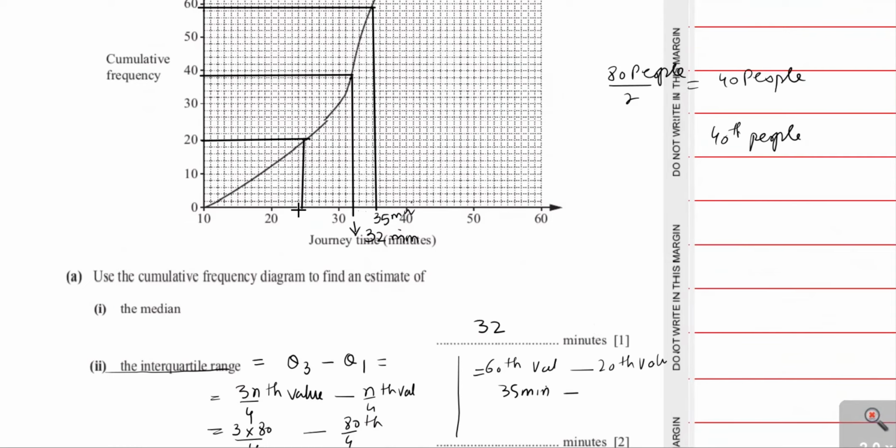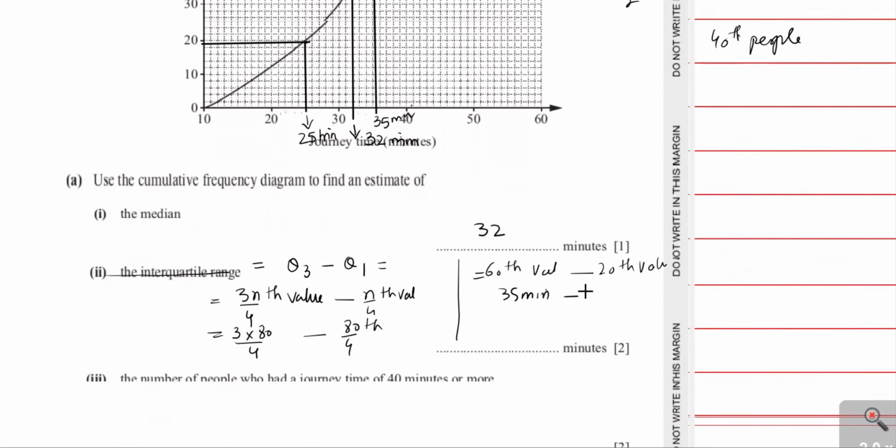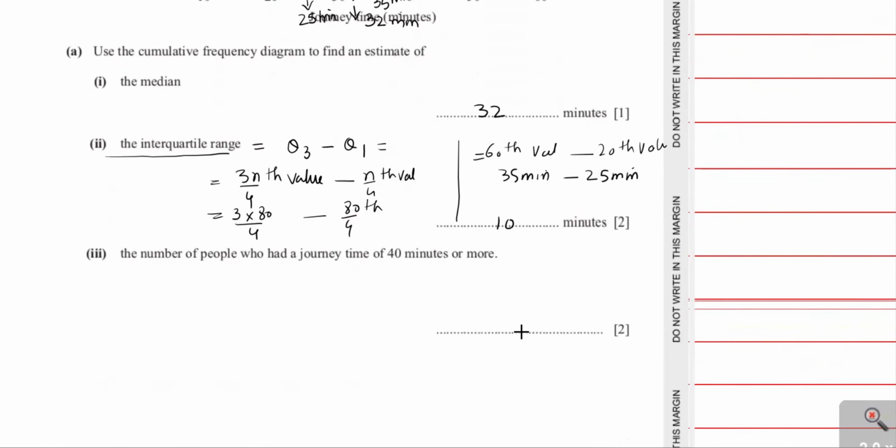We will draw a vertical line, and this vertical line meets the time axis at this position, and this is 25 minutes, the journey time of the 20th person. We write 25 minutes, and this difference is 10, therefore the interquartile range is 10.